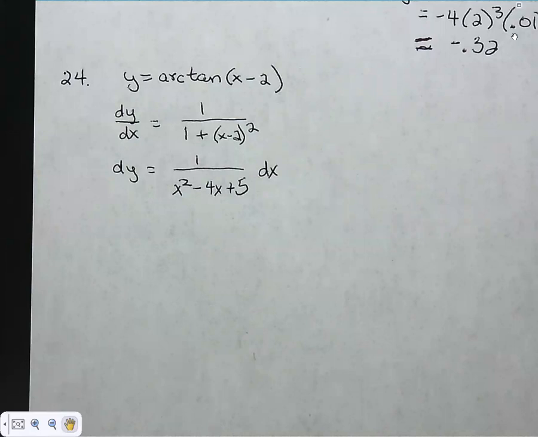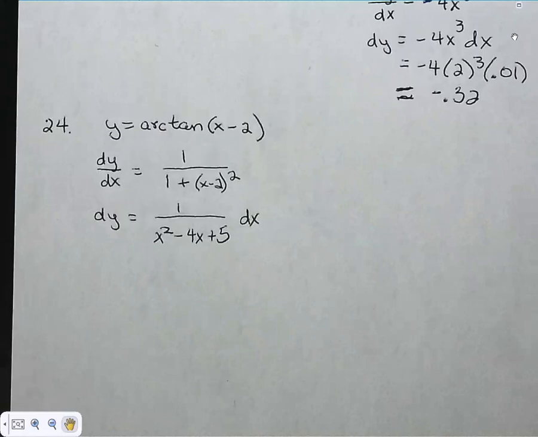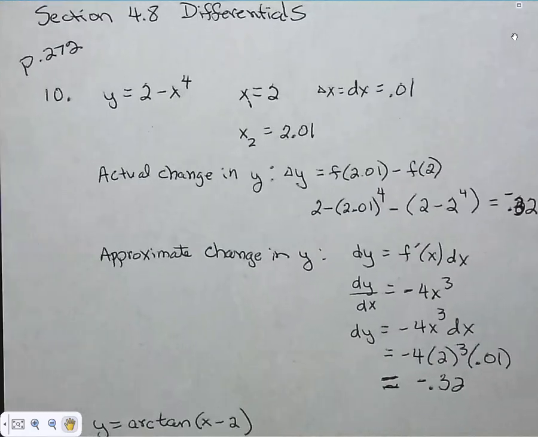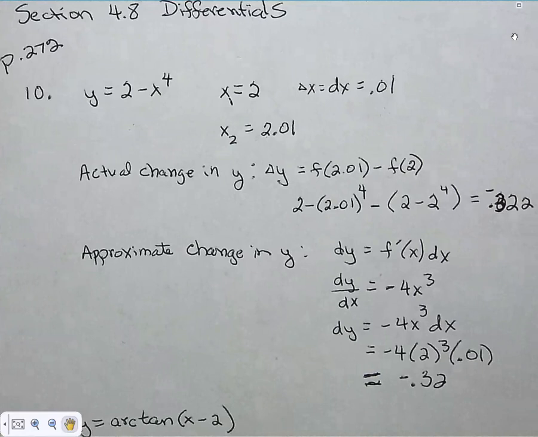Find the differential, yay! Okay, listen, Eric's got a good question. The instructions on number 10 were to compare the actual change of y to the approximate change of y.